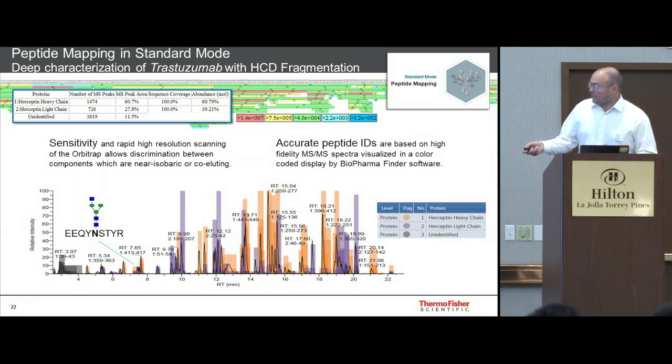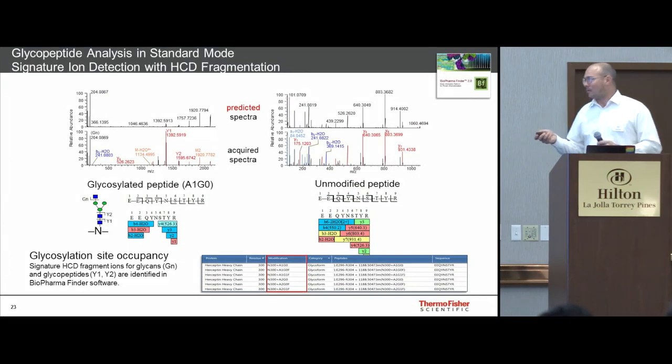I'm pointing out one peak here. This is a glycosylated peptide. So this is where our glycan is going to sit on the consensus sequence. And BioPharma Finder also allows us to automatically identify these glycosylated peptides and determine exactly what kind of glycosylation is on this peptide. So in this case, Michael mentioned earlier that we're using this kinetic model. And I'll just say one thing about the kinetic model.